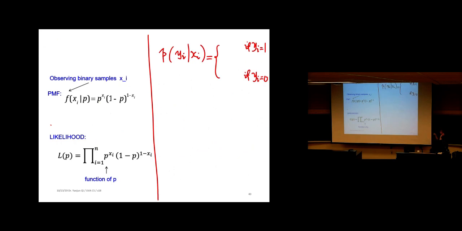So I want to have a summary representation to summarize two cases, which is e^(beta x) over 1 plus e^(beta x), or 1 over 1 plus e^(beta x), which is the 1 minus p. Because now I have this representation, I can write out the joint probability.